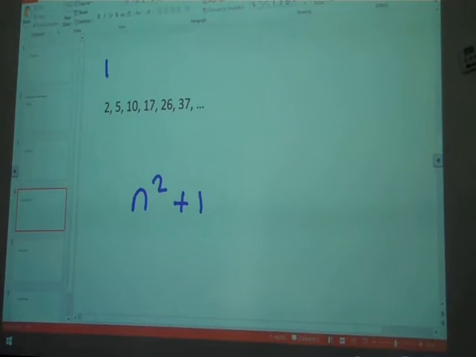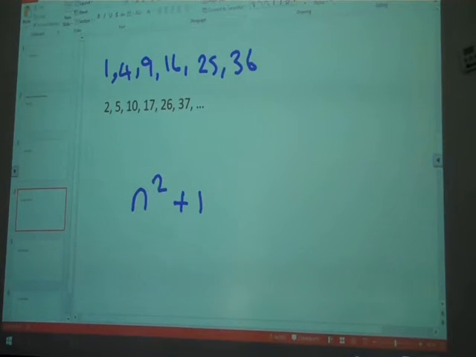Then the second term, 2 squared is 4, plus 1. So what you spotted was that if you had the sequence for n squared, then each number in this sequence was 1 more each time.